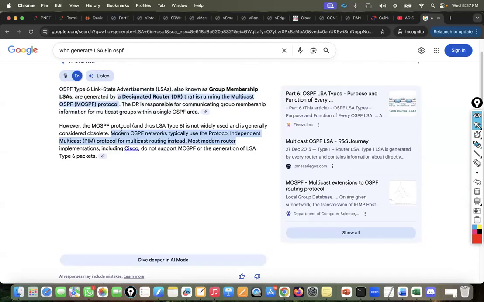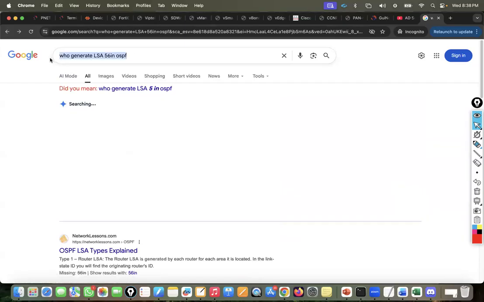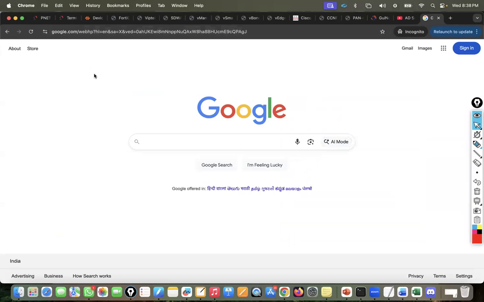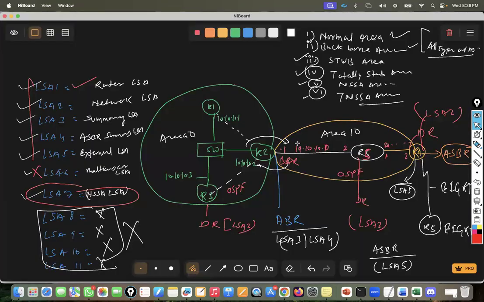I never configured it, and it has never been used in production in my entire career. You should know it and can just explain that it is not in use. So technically we have only 6 LSAs.